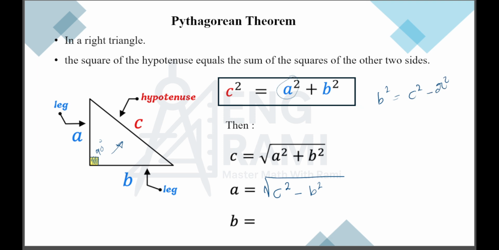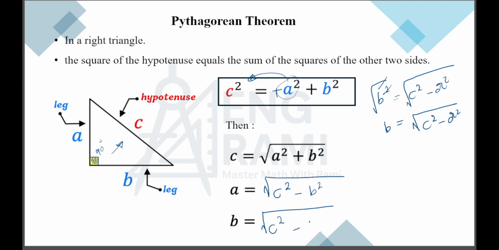We just take this to here and change the sign of A, which is positive, and it will be negative. So in order to get B, we take the square root of both sides. This will cancel the square. Then B equals the square root of C squared minus A squared. We can write it here: the hypotenuse squared minus the other side squared.